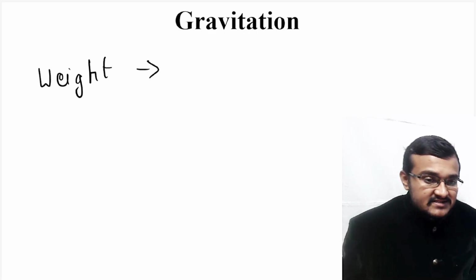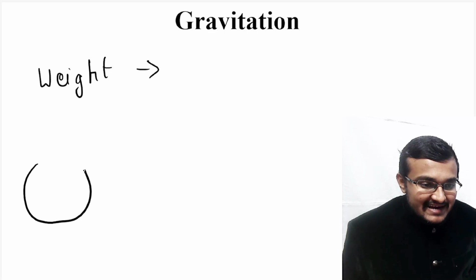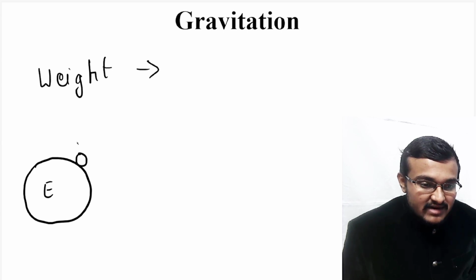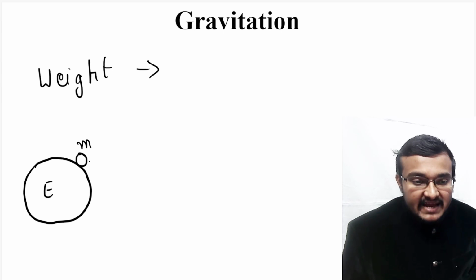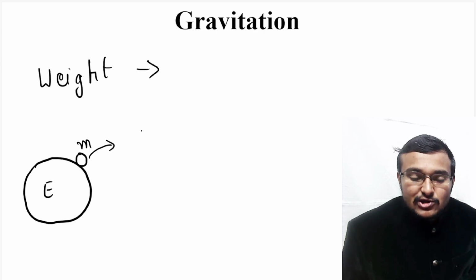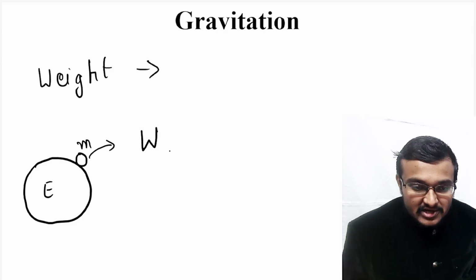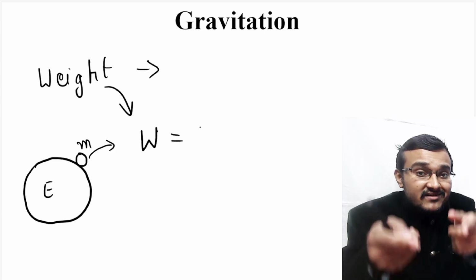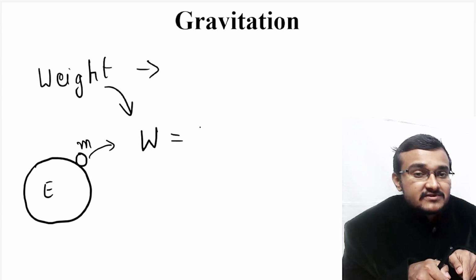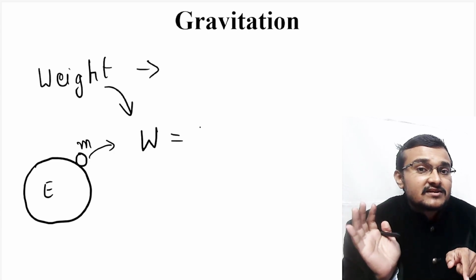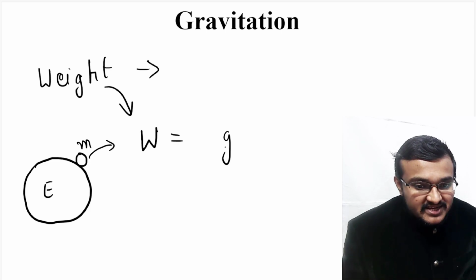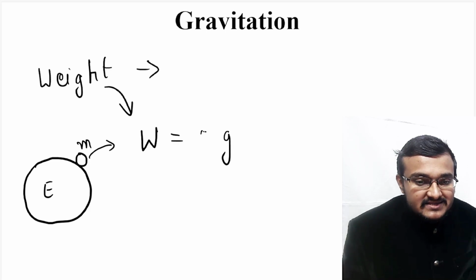If I consider planet Earth, and on it there is an object of mass m, then the weight of this object is denoted as capital W. It will be equal to the gravitational force of the Earth on that object. The acceleration due to gravity is g and the mass of the object is m.